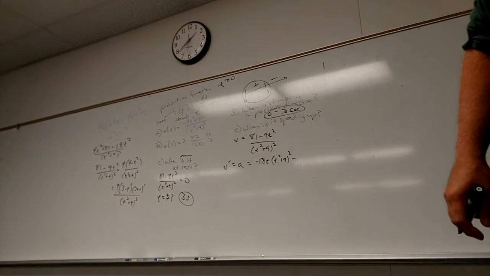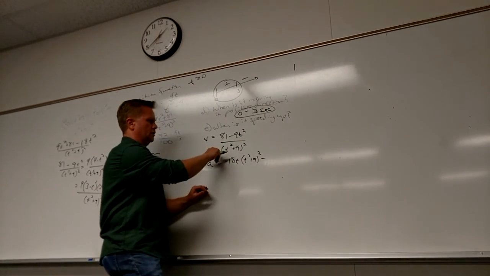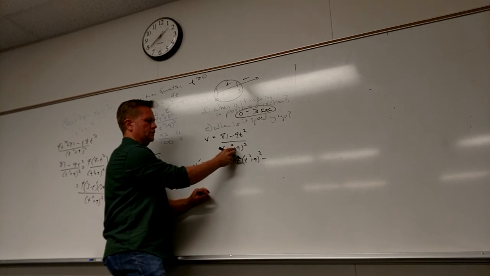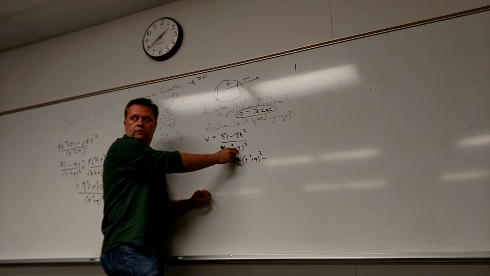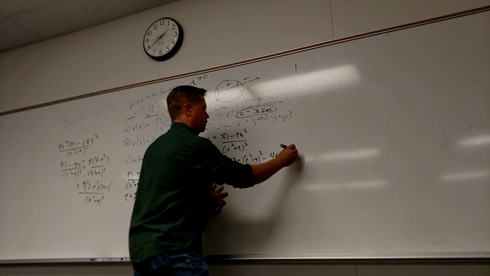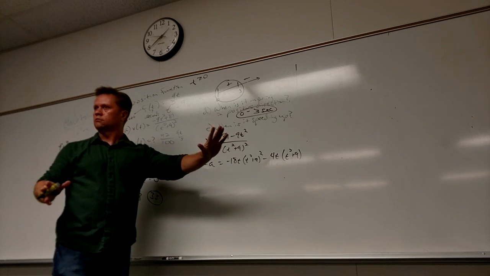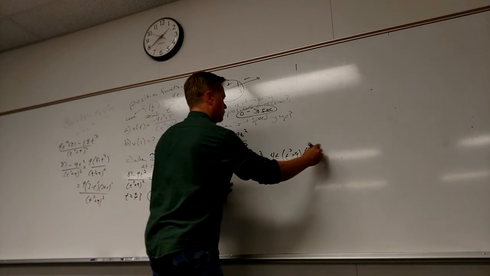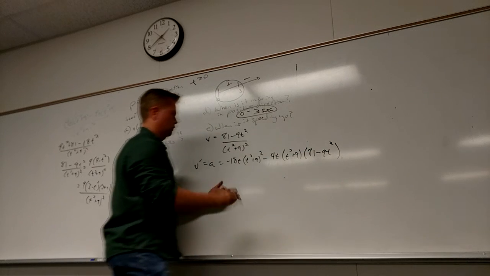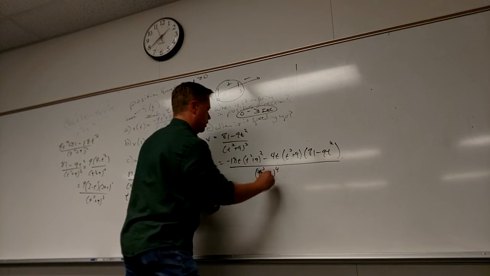What do you have to use for the bottom? 4t times t squared plus 9. Yeah. So the 2 comes down to the first, times the derivative inside, which is 2t. So 2 times 2t is 4t. And now a first power times the top, all over the bottom squared.